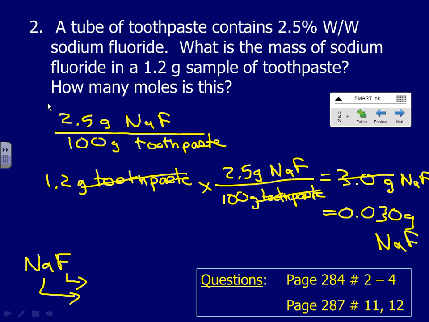We will still need to keep in mind the molar mass and being able to convert things from mass to moles. I don't know what fluorine is. What is sodium? 23? 23.0. 19.0? Yep, 19.0. And what did we say, 42?